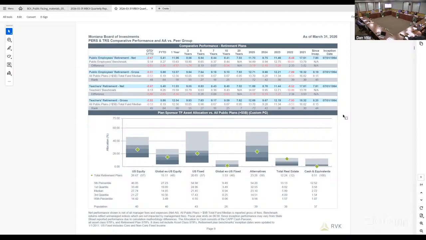You'll see that your downside capture, when the market goes down, the amount of that downside that you experience is attenuated. And I think it's attenuated largely because of your broad diversification, but also because of the way you've chosen to diversify, and real estate being the most significant difference. And in fact, on the next page, we're going to see that on page 11.